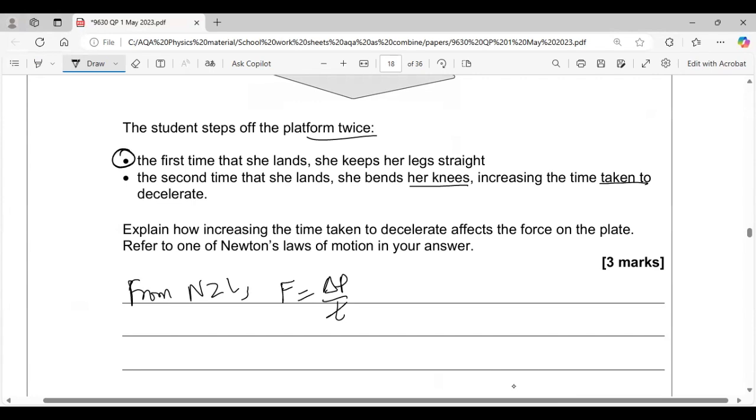And in both scenarios, our change in momentum will be the same. As this is constant, force is inversely proportional to t. So in the second situation, she's taking more time, so less force will be there, right? And as she's taking more time, there will be less change in reading on the sensitive platform.